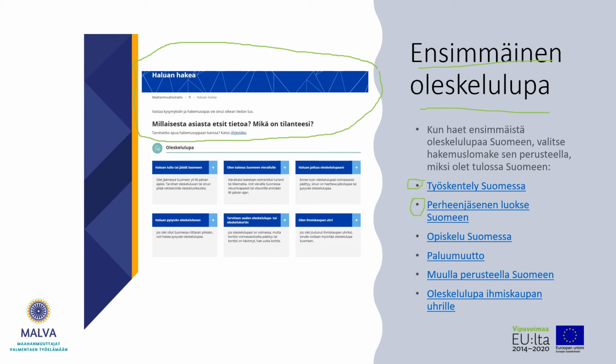This can be working in Finland, moving to Finland with a family member, being a student, re-immigration, coming to Finland on miscellaneous or other grounds, or a residence permit for asylum seekers, or the victim of human trafficking. These are the main 6 categories, and all first residence permits should fall in these 6 categories.